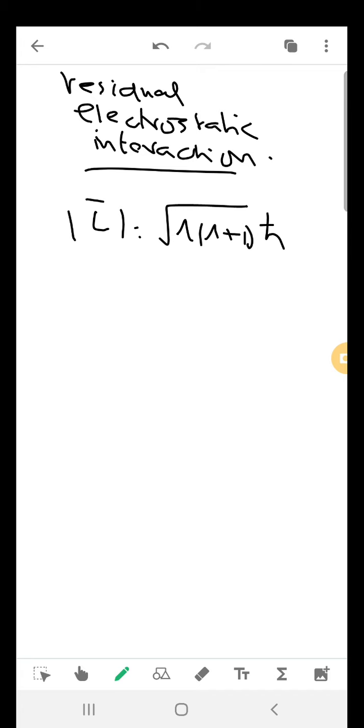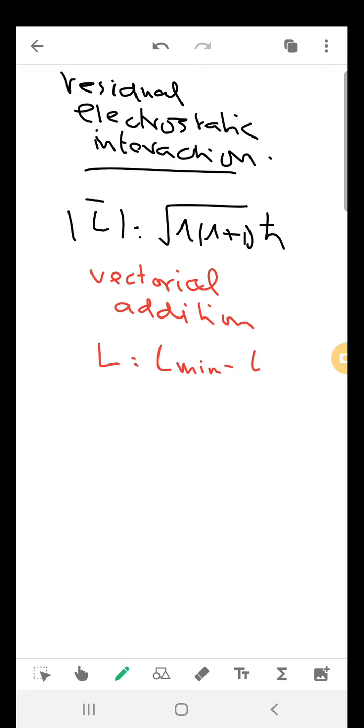So again, we are talking here about the vectorial addition. So L again can take values between L min and L max, all the possible values it can take.